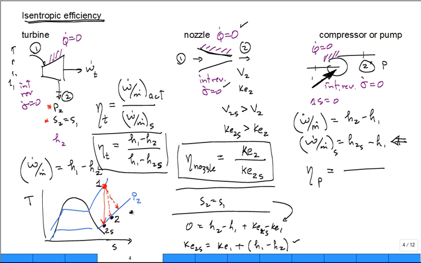All right. Let's go ahead and show it on a TS diagram, on a temperature entropy diagram. If you want to show it for gases, or if you want to show it for liquid, either one. Last time I showed it for ideal gas. Let's show it for a liquid, where you have a low pressure, P1, and a high pressure, P2.